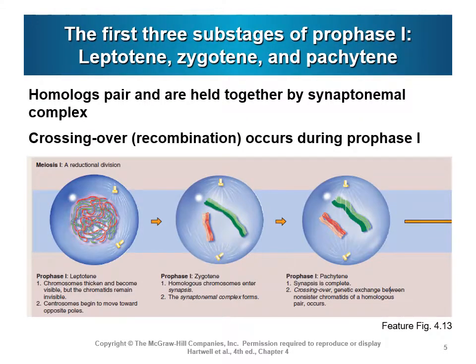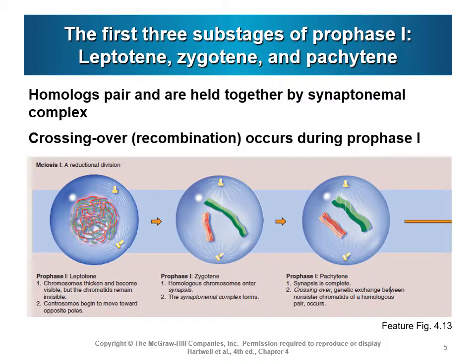So here is the graphical representation of these phases. In the first figure, the representation is for leptotene, where chromosomes thicken and become visible under the microscope, and one can observe the movement of centromeres from the center of the cell towards the opposite poles.